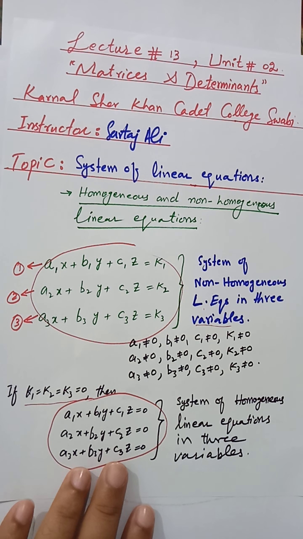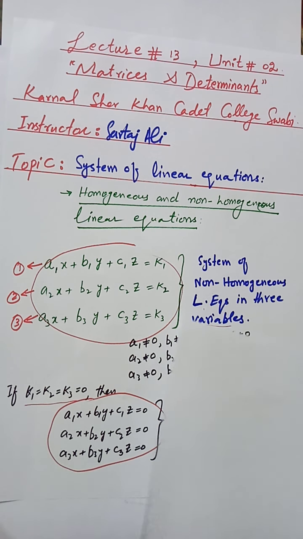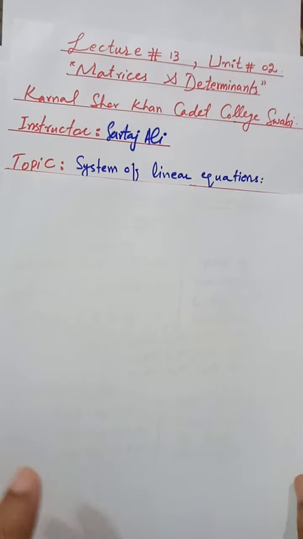Before discussing the solutions of homogeneous and non-homogeneous systems of linear equations in 3 variables, first of all we will briefly revise the geometrical meaning of the linear equations and the solutions, that is, when the unique solution will exist, when infinitely many solutions will exist, and when no solution will exist for the system.